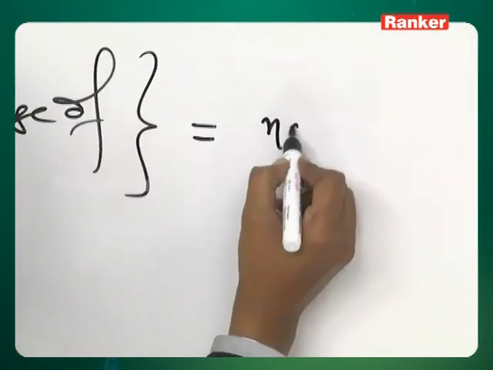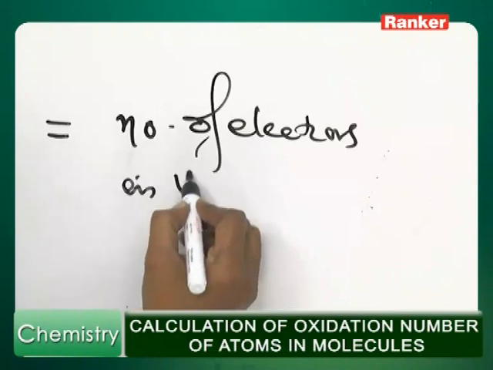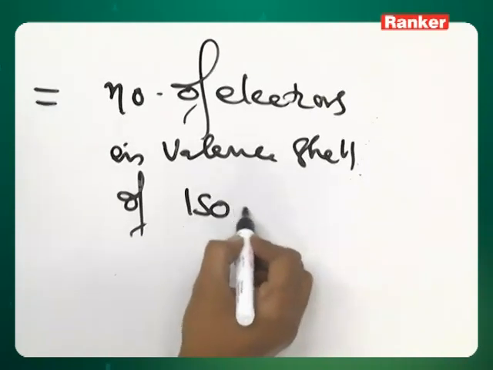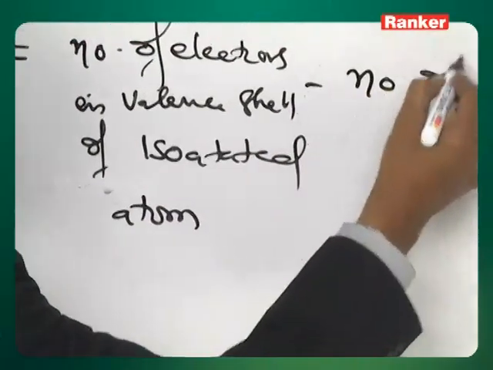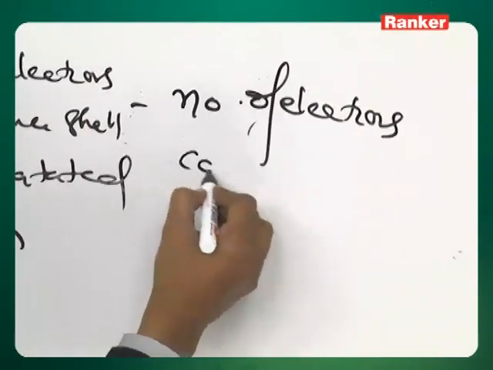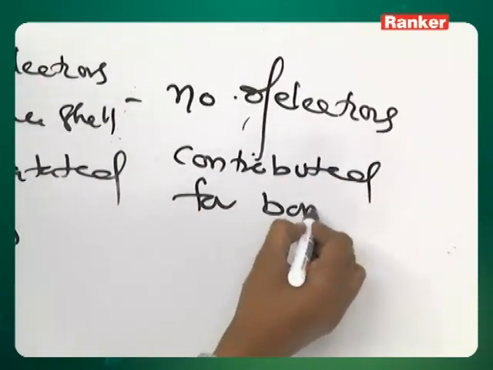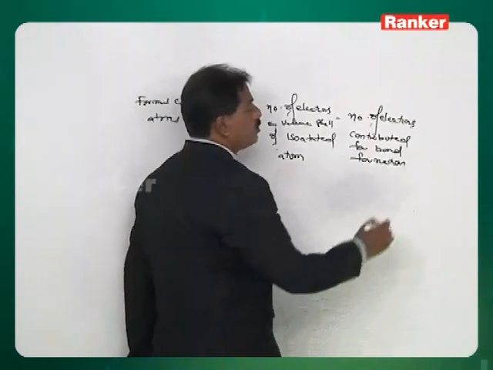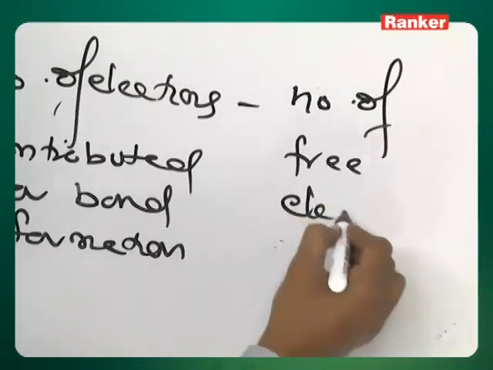So formal charge is equal to the number of electrons in the valence shell of the isolated atom, minus the number of electrons contributed for bond formation, minus the number of free electrons left.